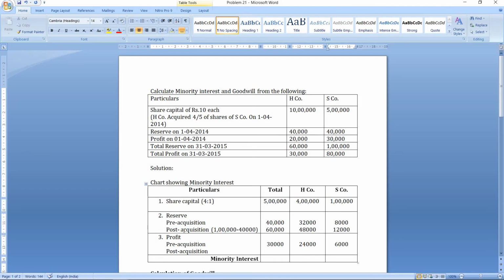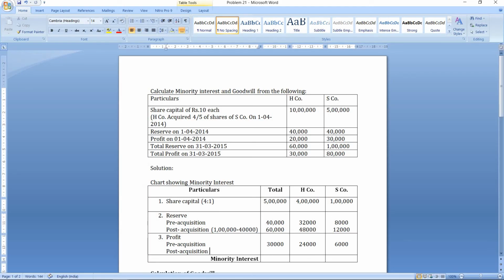Next is post acquisition profit. Now here you can see total profit as on 31st March 2015. This is the profit at the end of the year, so this also includes the profit which was there in the beginning of the year. So we have to minus this profit in the beginning of the year. Why minus? Because we have already considered it as pre-acquisition profit.